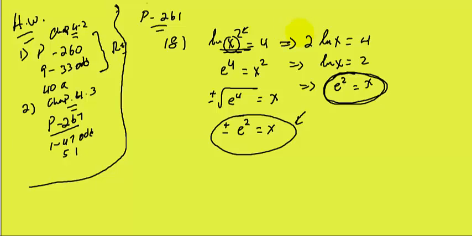Now, because this is squared and this here is not, x is not squared, you're only going to get a positive answer. But this is the same as that, so this only gives you half of the answer, so this is the correct answer. Okay, so gotta be careful when you're squaring things. Gotta be very careful. Okay, so let's go to the next one.